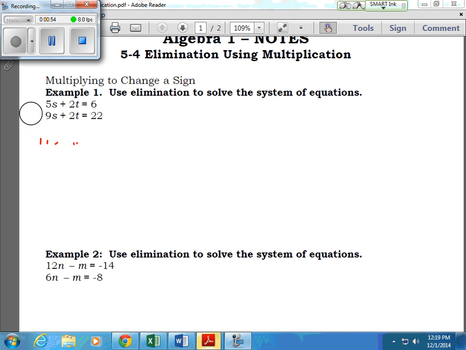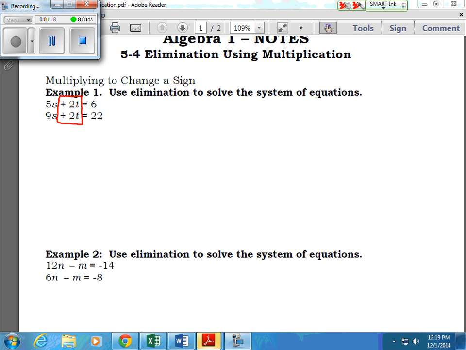So what we have to do is modify one of the two equations so that we have opposite signs but the same number as the coefficient on that variable. And that would be real easy to do with the t variables in these two problems.